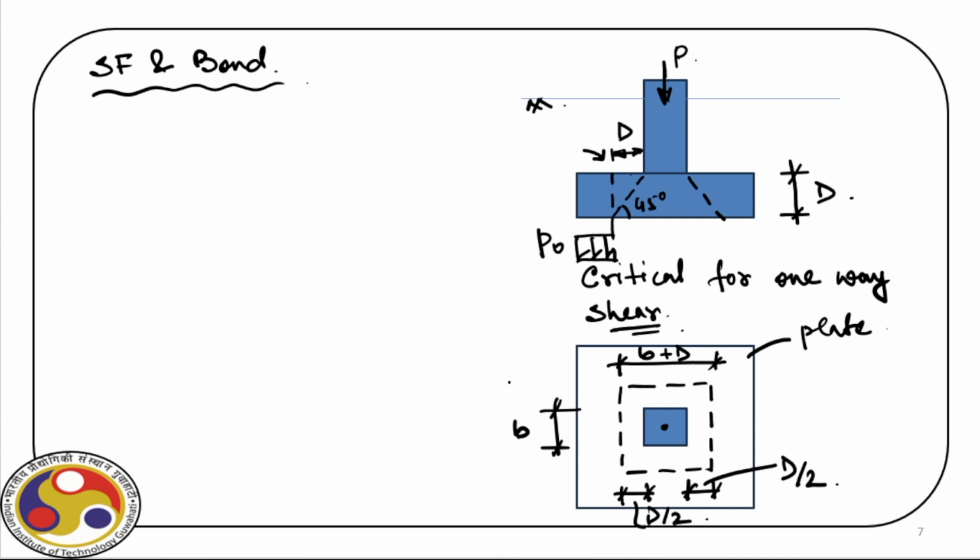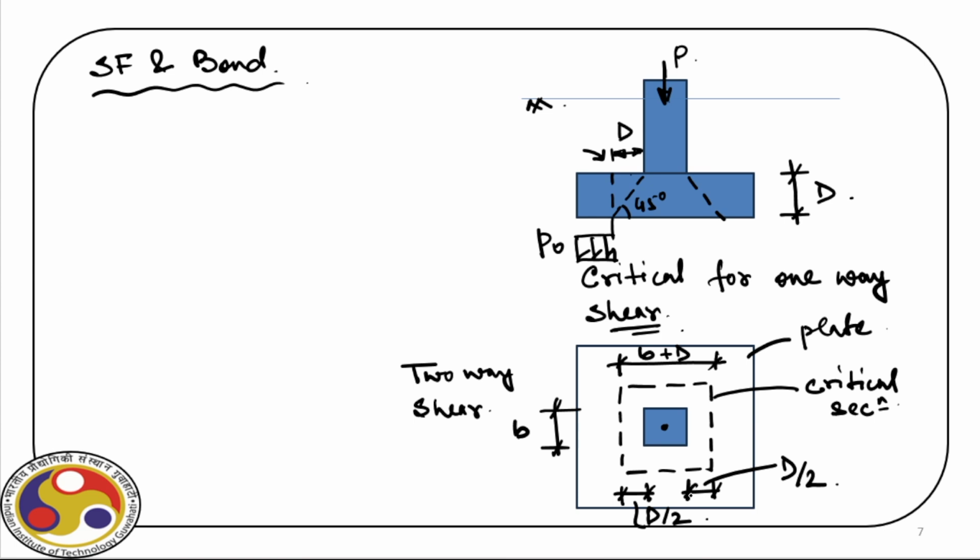So for two-way shear, we have to consider this critical section. We can quantify the shear stress developed, and design accordingly. We'll see those design guidelines in a minute, but let us first identify the critical section.